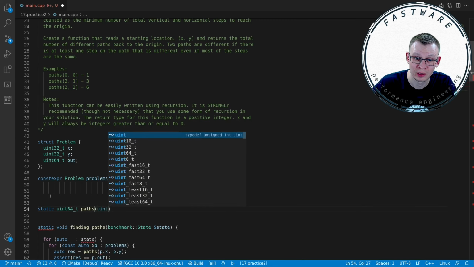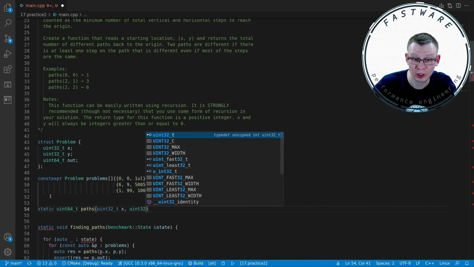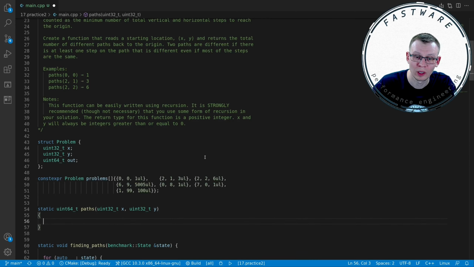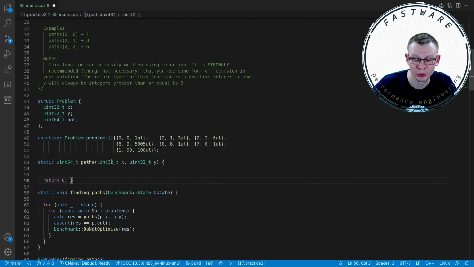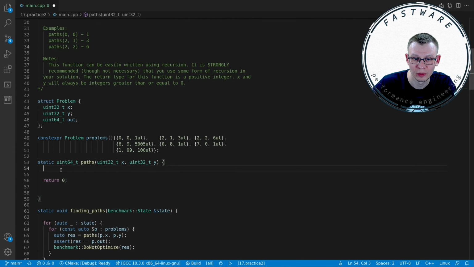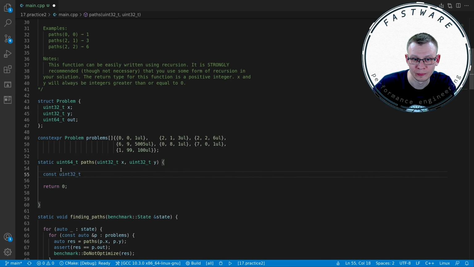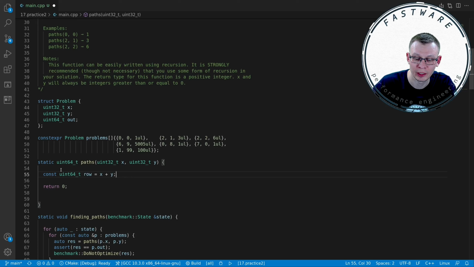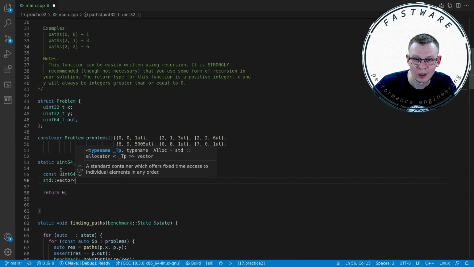I took that and tried to implement it. So again, my paths function takes x and y. And this particular implementation relies on computing the nth row of Pascal's triangle, and then using an index into the data in that row.